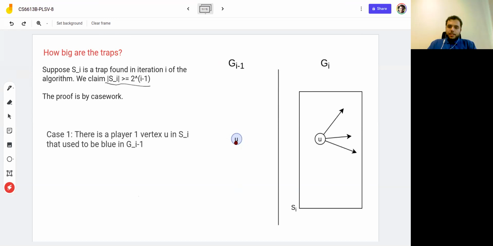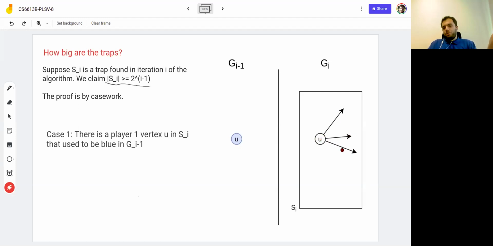So what happens if I have a blue vertex of G_{i-1} in my trap set S_i in G_i? Well, as I just said, there are at least 2 to the power of i minus 1 edges going out of this vertex u, right? Because it was blue, so it was a high degree vertex.